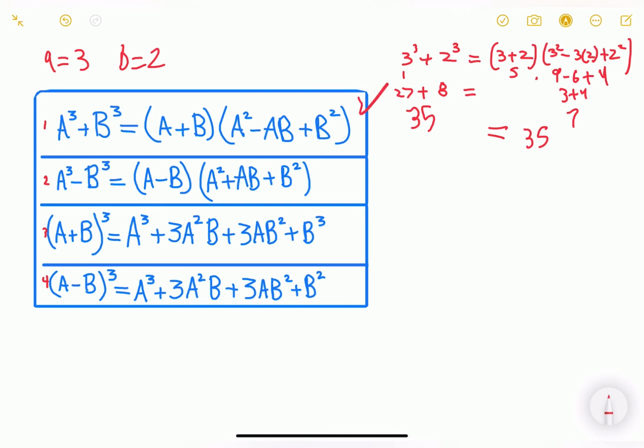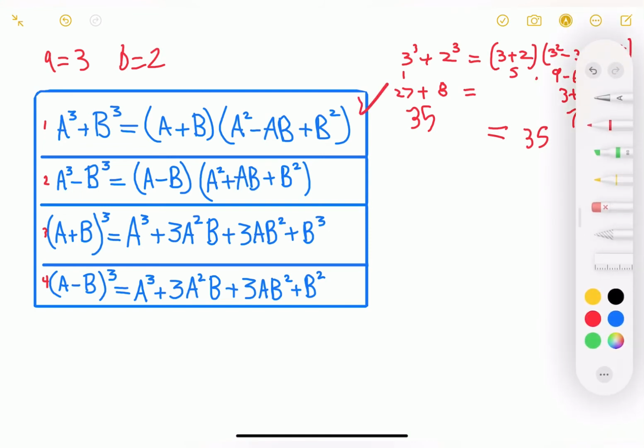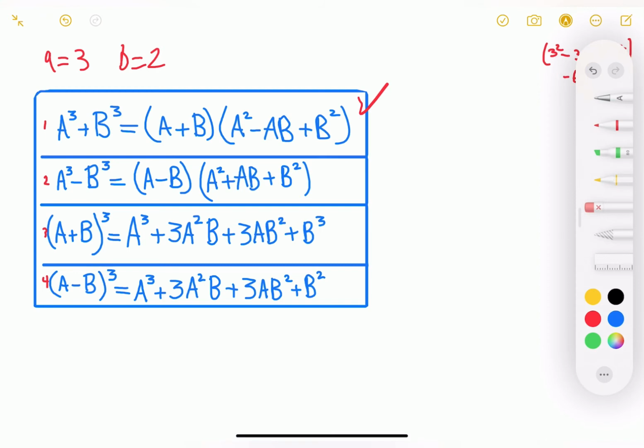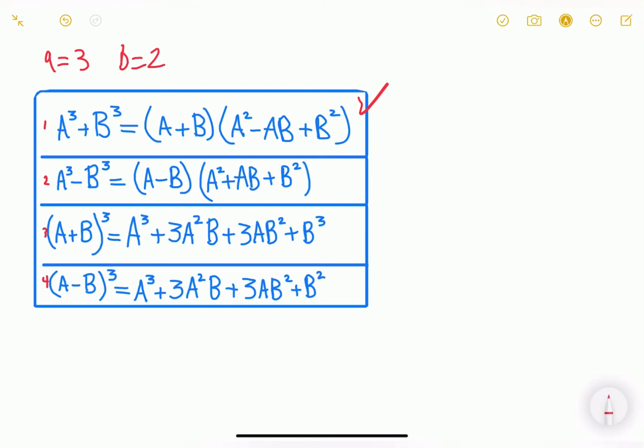Let's move on to number 2. And I'm just going to erase this for space. So if you need to write this down, you can pause the video and write it down. Number 2 is saying, I think, basically the same thing as number 1, but with minus. But for reference, we're going to test it out.